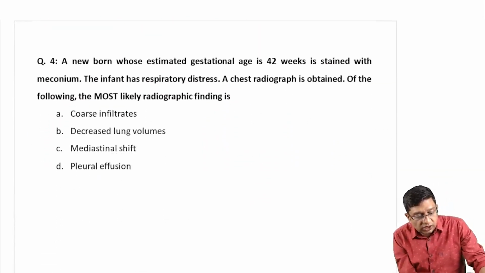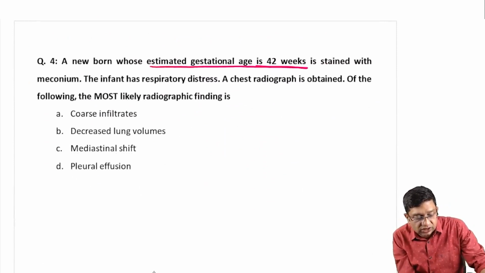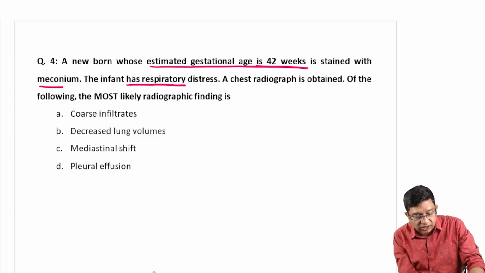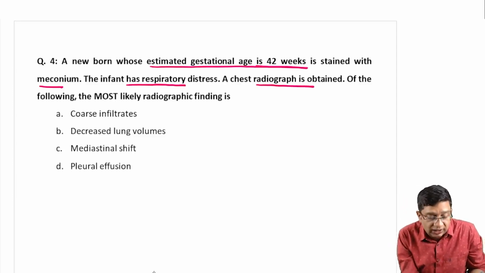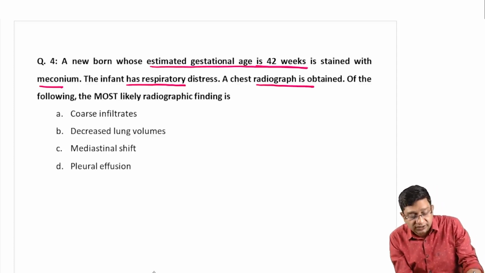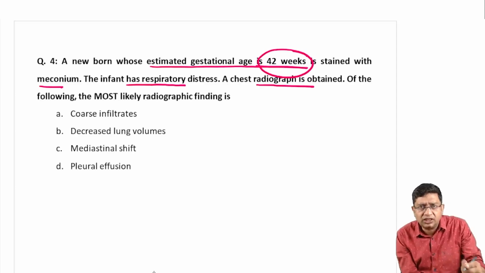Next one, a newborn whose estimated gestational age is 42 weeks is stained with meconium. The infant has respiratory distress. A chest radiograph is obtained. Of the following, the most likely radiographic finding is? So 42 weeks, you can say a post-term child, right?